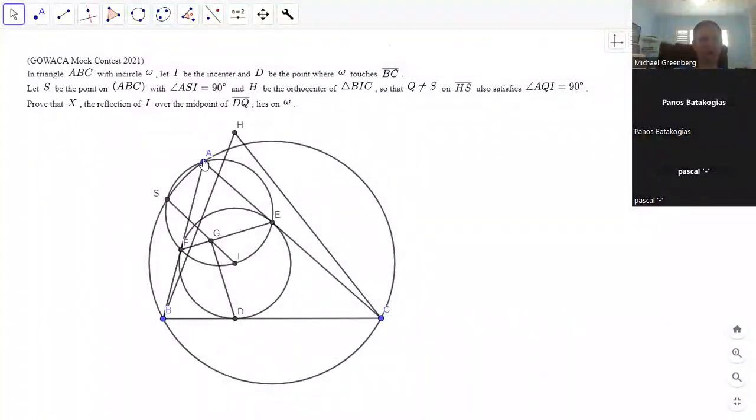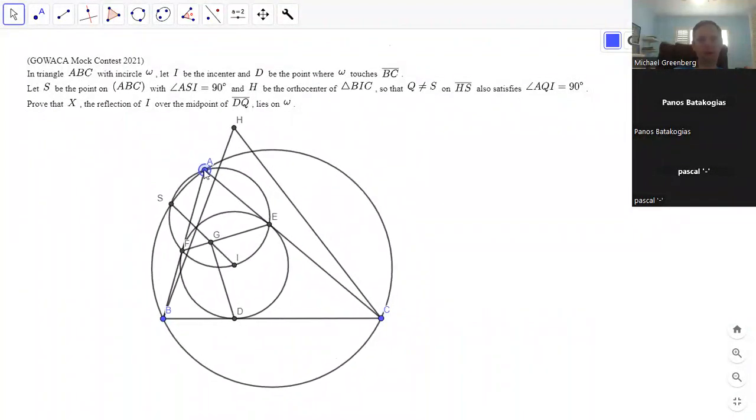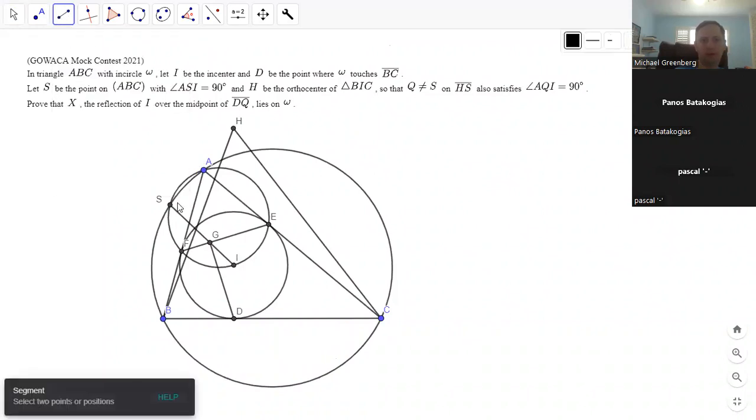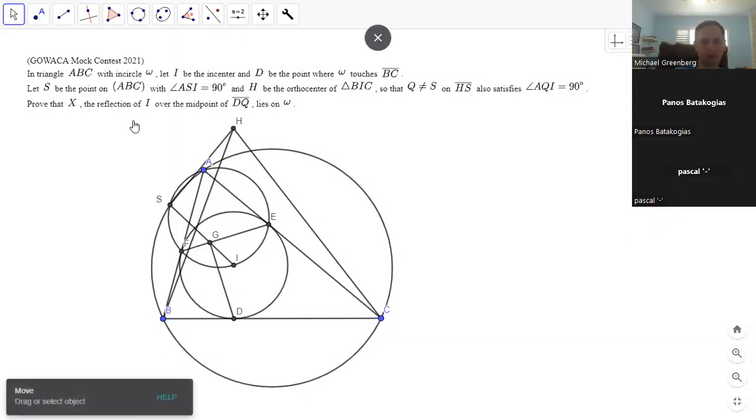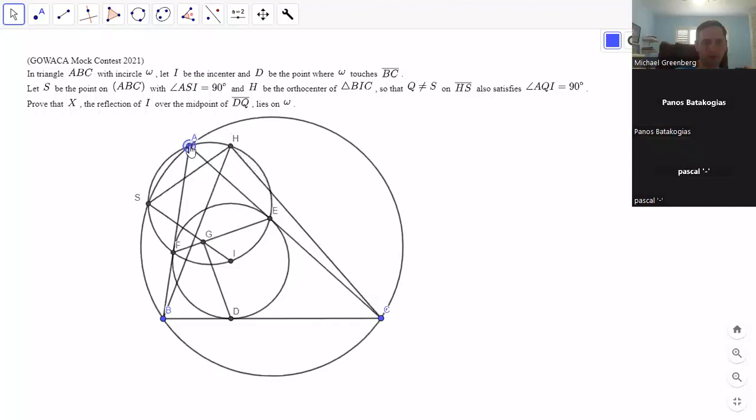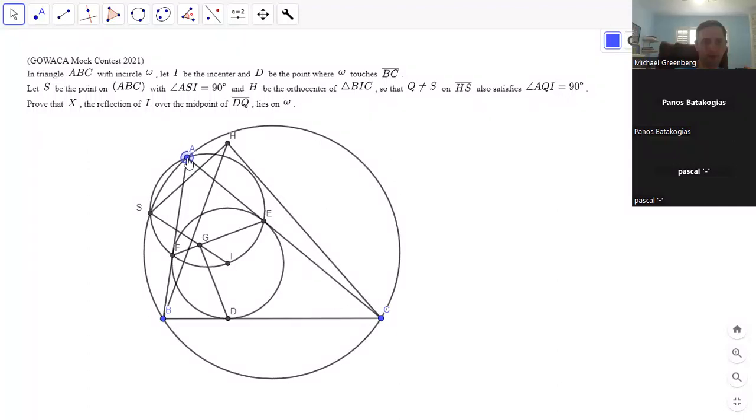That's a well-known fact. I've seen it a couple times. So angle AQI is 90. So Q is on HS. That looks kind of new. So I've never seen a point like that before.